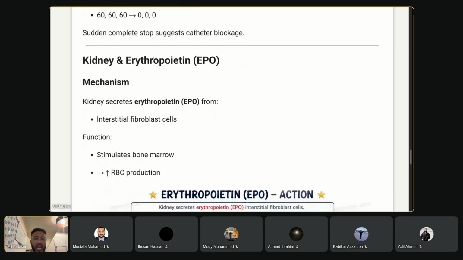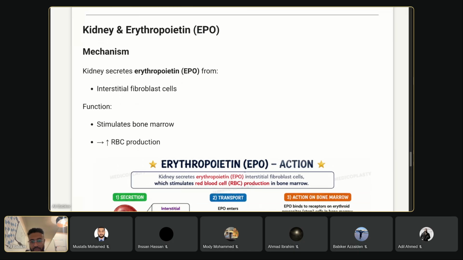All right, kidney and erythropoietin. You know the erythropoietin mechanism. The kidney secretes erythropoietin from the interstitial fibroblast cells, and erythropoietin stimulates the bone marrow. What does it do? It stimulates the bone marrow, and this will lead to an increase in RBC production.